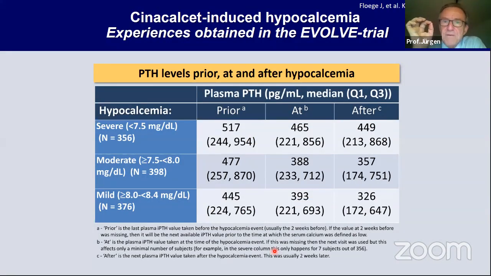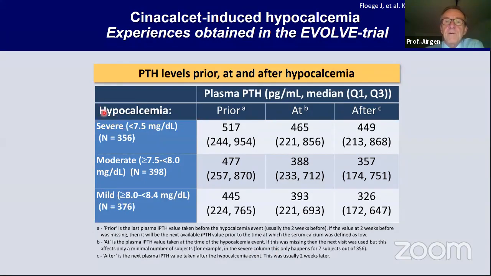Another reviewer question was really interesting. What does PTH do when you go into hypocalcemia? If you and I go into hypocalcemia, my parathyroid gland will sense hypocalcemia and PTH goes up very, very quickly.